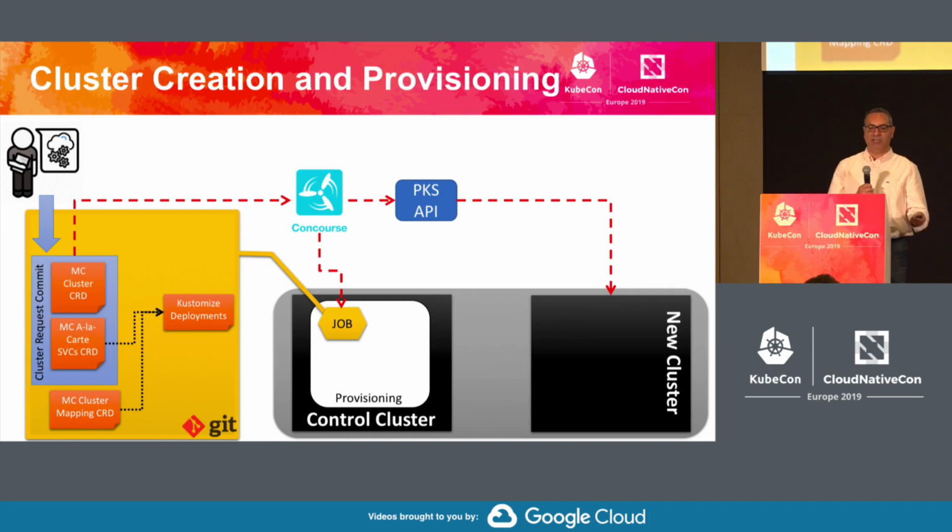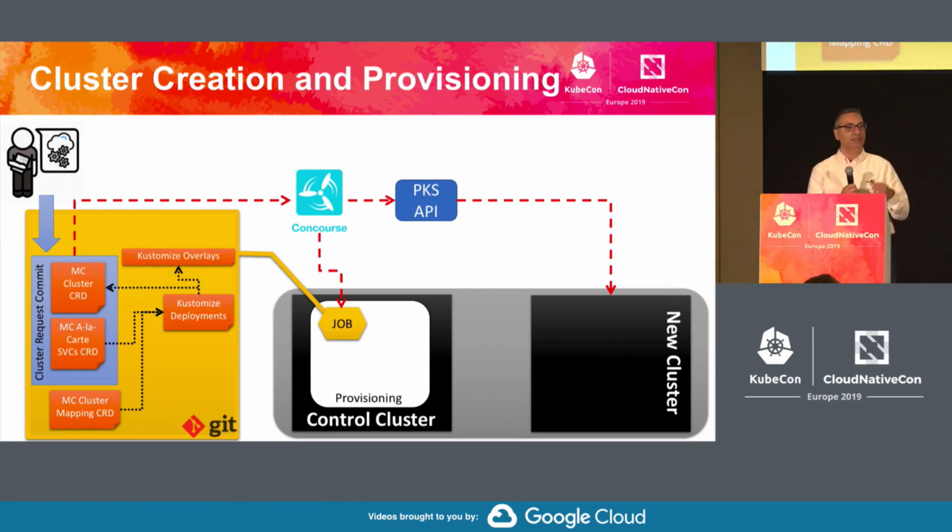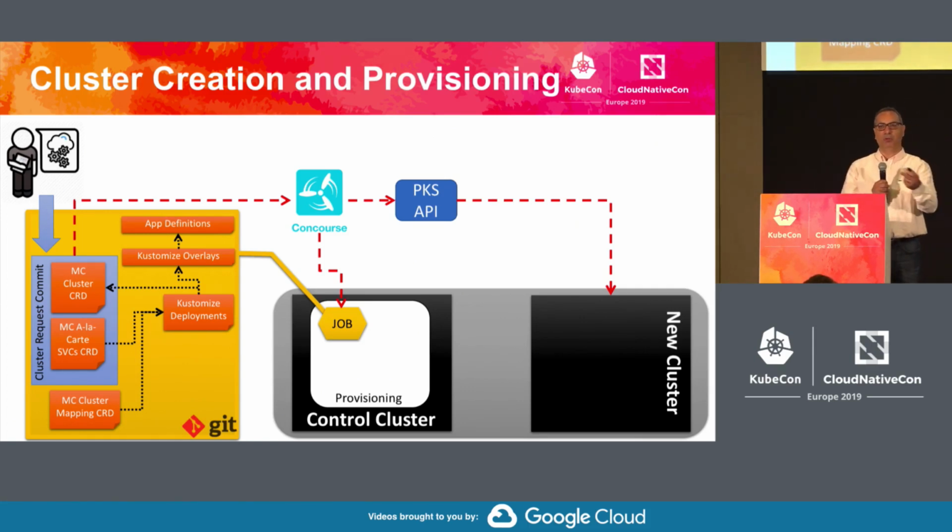That customized deployment is based on both information about the cluster itself as well as the general mapping, because as Allison said, our application teams want the logging, the monitoring, so there is a part that is common, and there is a part that is the à la carte, the services that are relevant for them. So the job will end up building these customized templates, which reference the application definition, which is basically the YAML definition to deploy Thanos, Prometheus, the logging, and all these kinds of things.